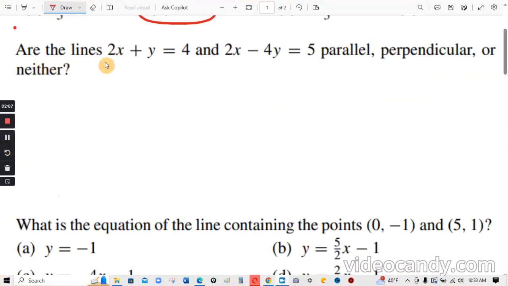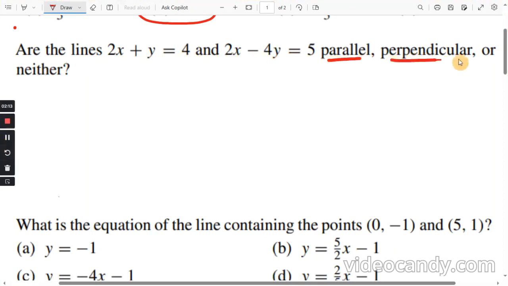Number 2, are the lines 2x plus y equals 4 and 2x minus 4y equals 5 parallel, perpendicular, or neither? In order to make that determination, we have to find the slopes and compare.